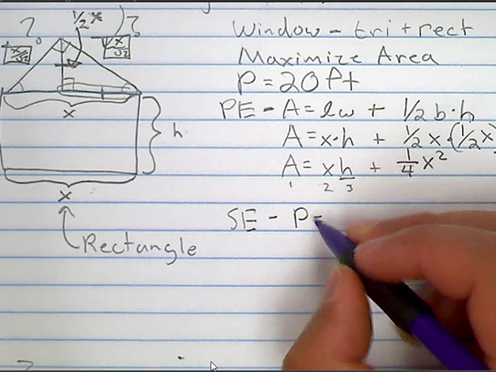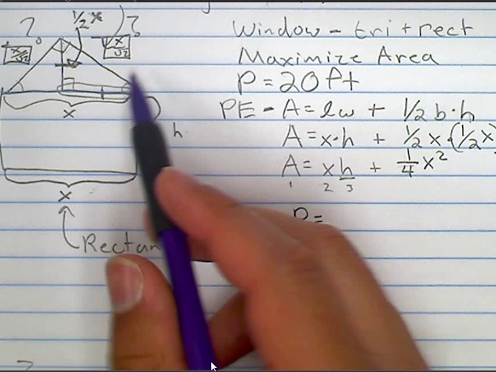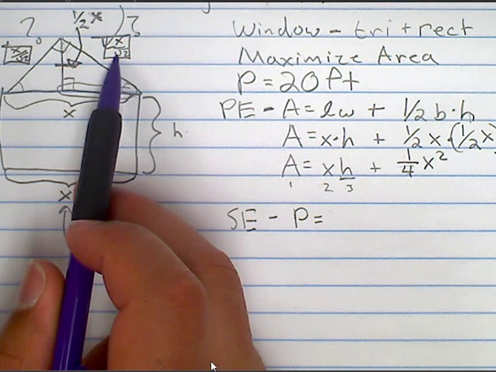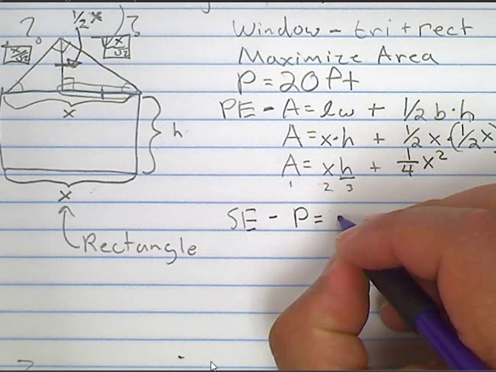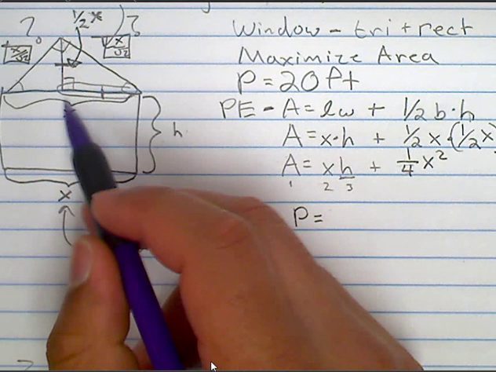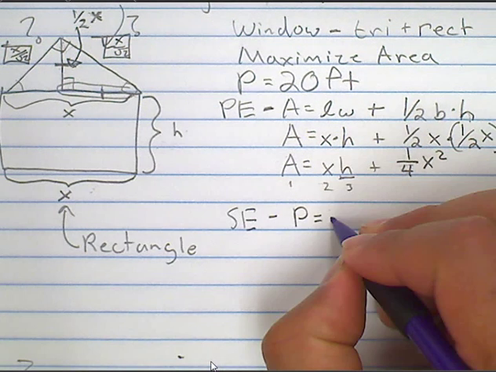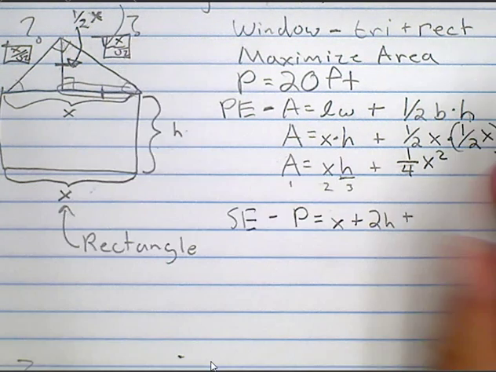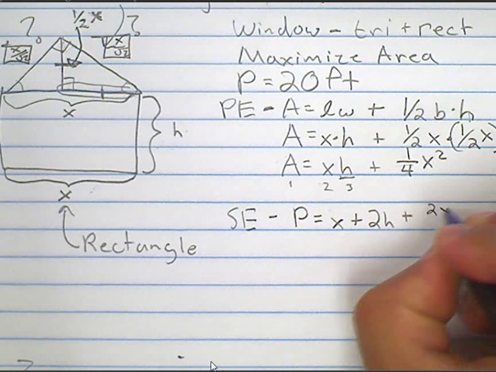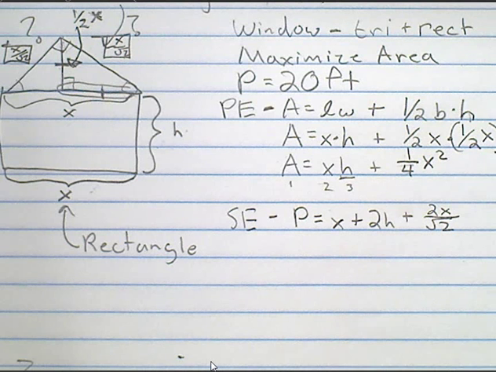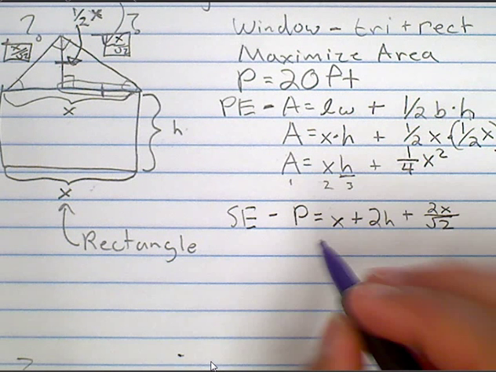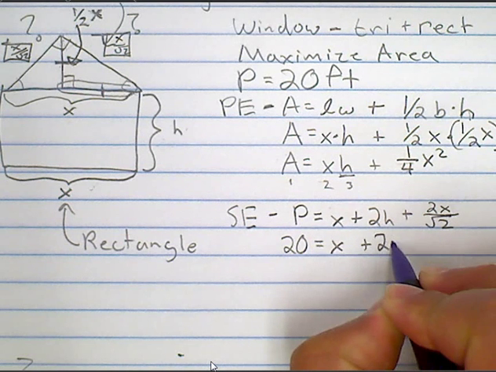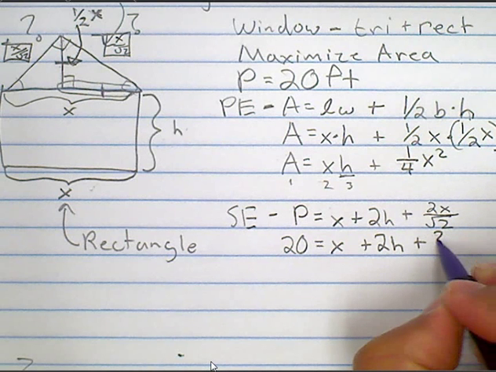Let's see what we add up here: x plus h plus h, so x plus 2h, plus 2 of these x over square root of 2's, so plus 2x over root 2. There's our perimeter formula. We know we have a 20-foot perimeter, so 20 equals x plus 2h plus 2x over the square root of 2.